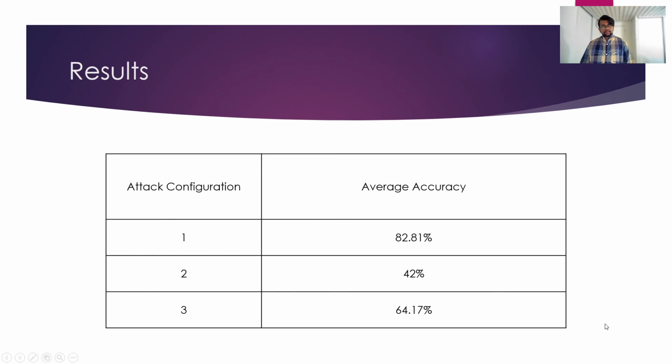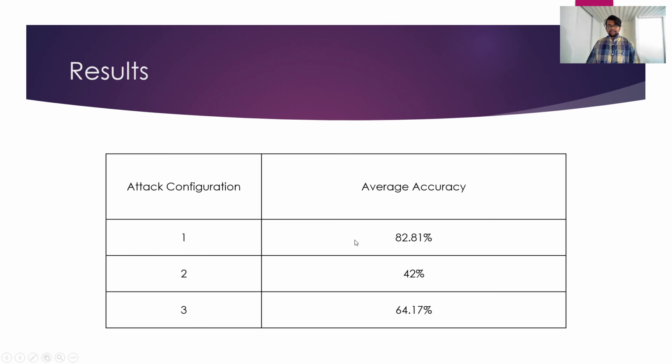We ran random forest here, and we used only dataset 2 because it performed well in this research. Attack configuration 1 has the highest average accuracy, attack configuration 3 has the second highest accuracy, and attack configuration 2 has the lowest average accuracy here.